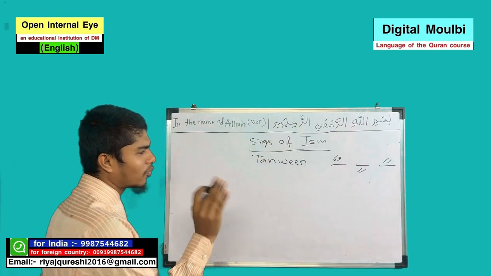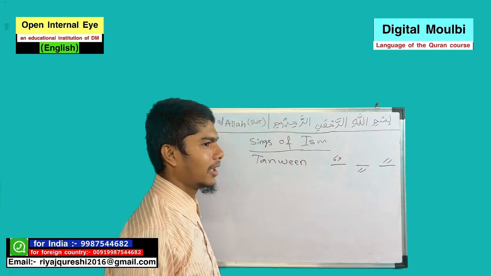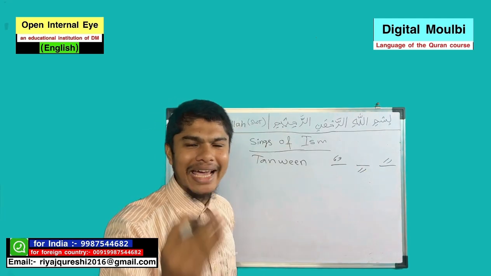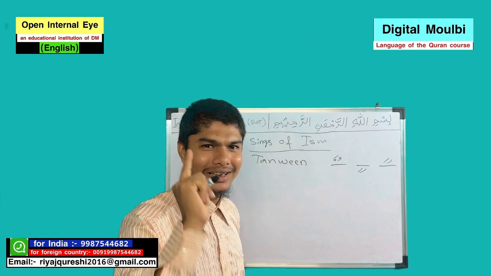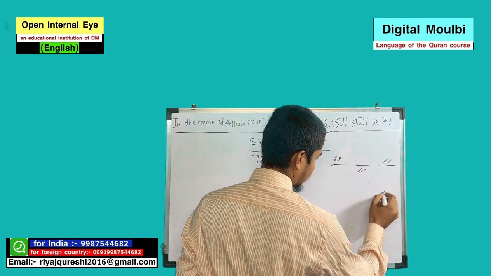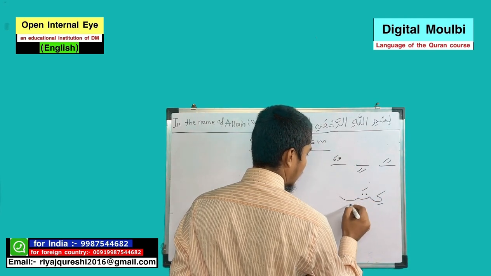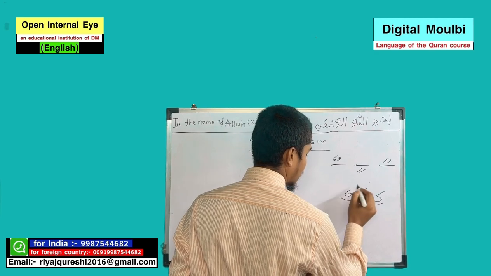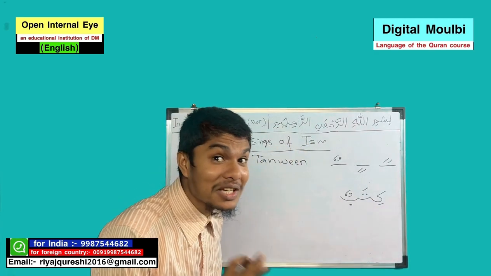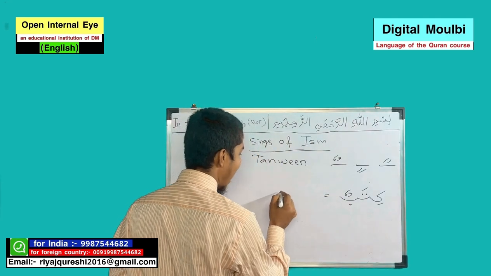If a word has one of these harakat at the end, that word is also ism. Like kitabun. What is the meaning of kitabun? A book.